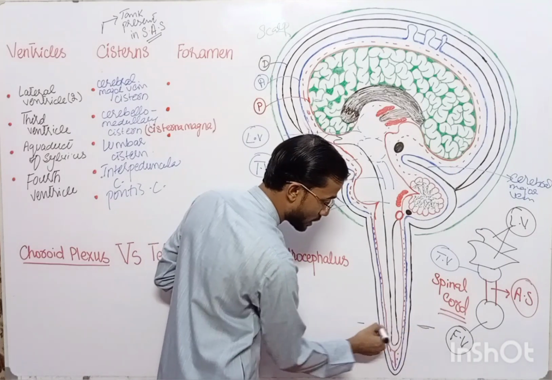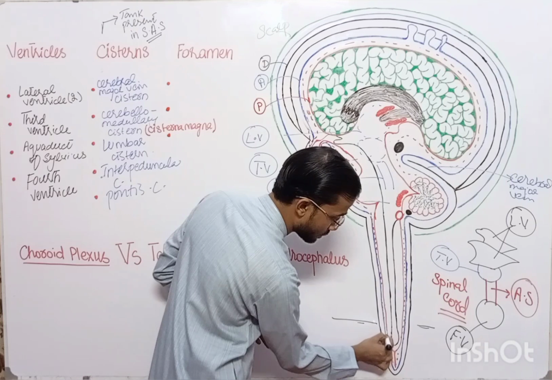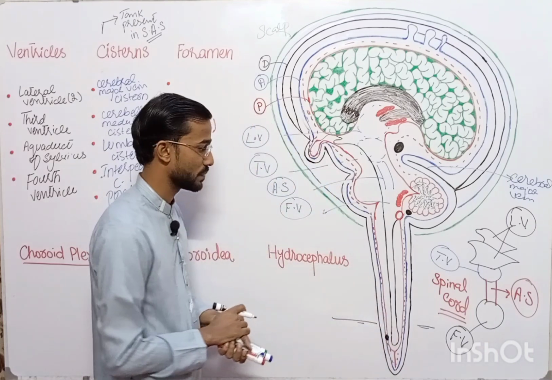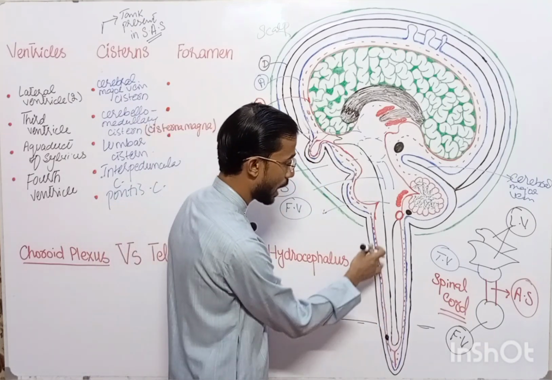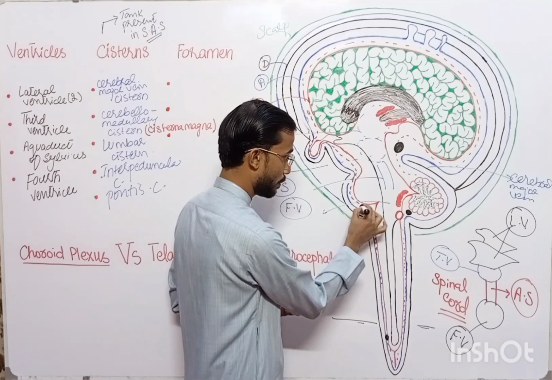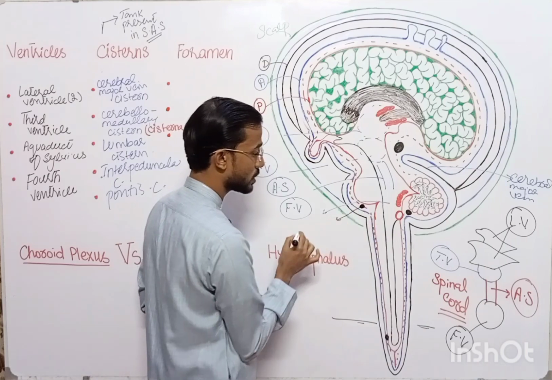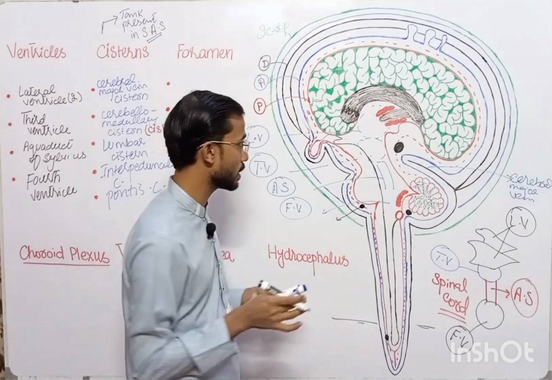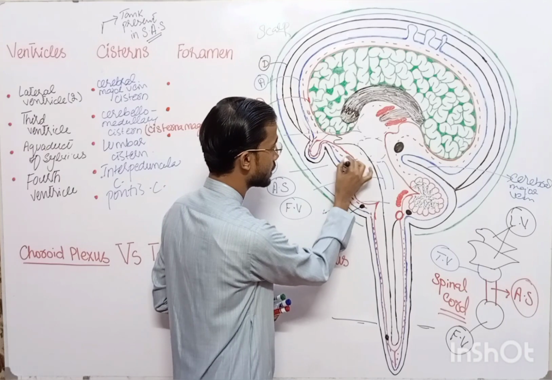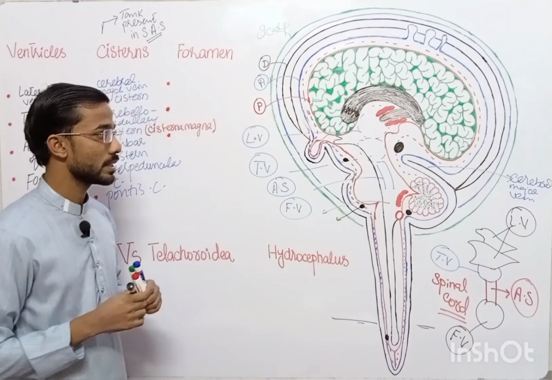At the lumbar region there is another cistern, which is called the lumbar cistern. If we move upward, at the level of the pons there is another cistern called the Pontis cistern, and above there is the interpeduncular cistern.